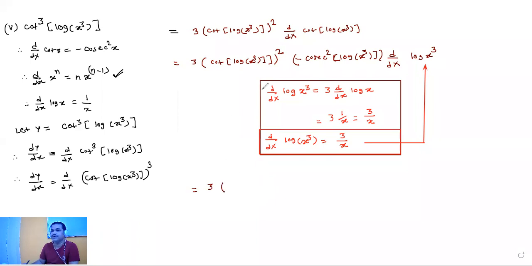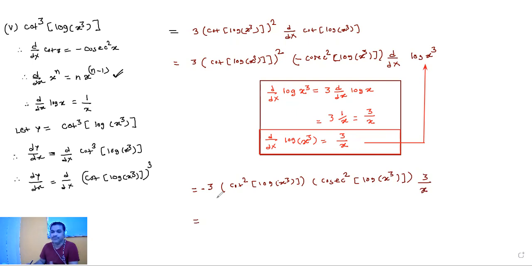It's cot square, so here we can write cot square log of x cube, and this minus sign is there in the sum, so we'll write minus sign here and we'll say cosec square log of x cube, bracket complete, and d by dx of log of x cube we have already solved.